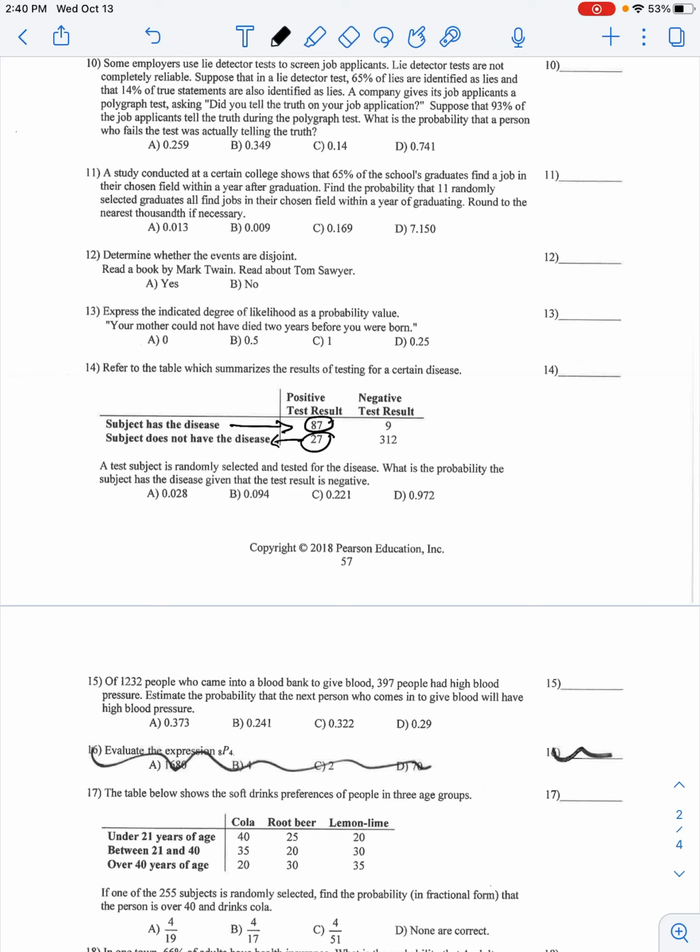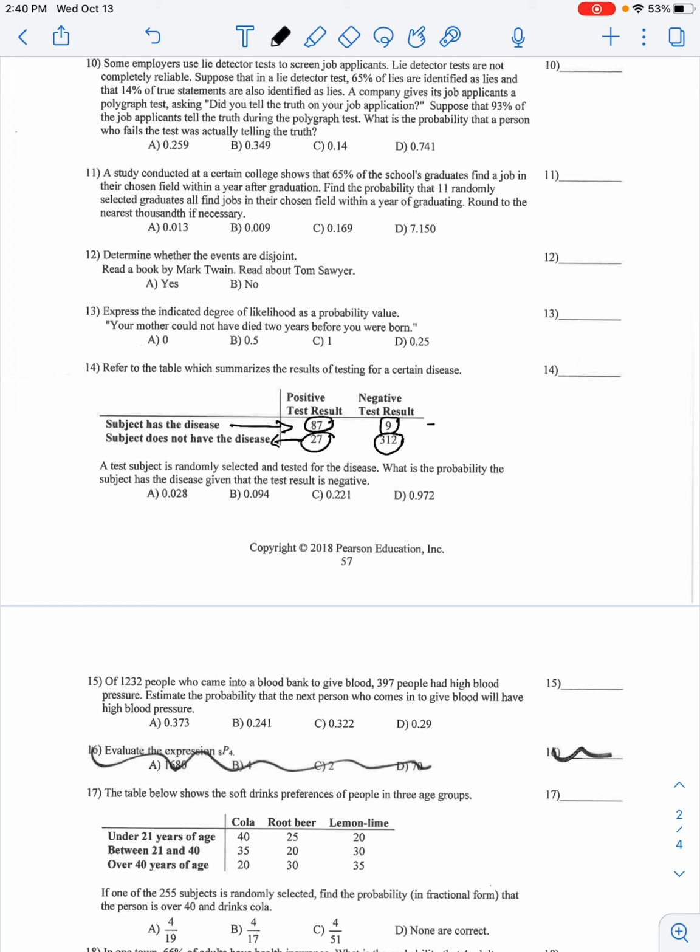If you have that experience of getting a positive test result and you retest and you get negative, that's when you have a false positive. The person doesn't have the disease, but got a positive test result. Then negative test result and subject has the disease. Negative test result and subject does not have the disease.